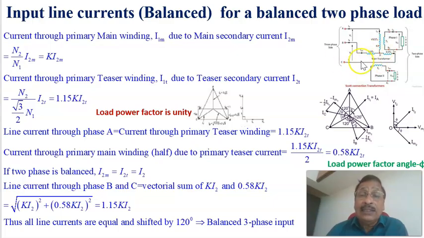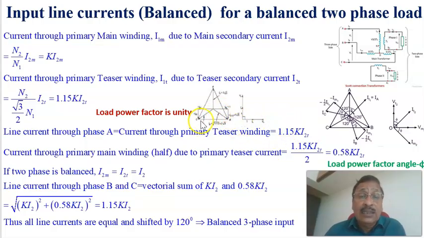The total line current is the vectorial sum of the current K into I2M and half of the teaser current, 0.58 K I2T, added here. This is the total current at the primary side of the main winding. Therefore, this is the method of adding them.